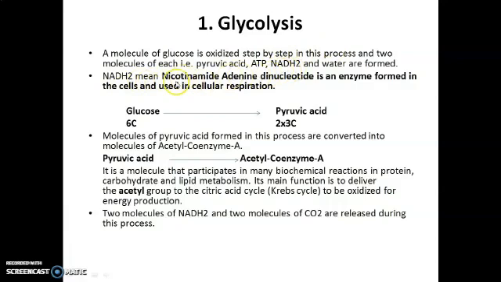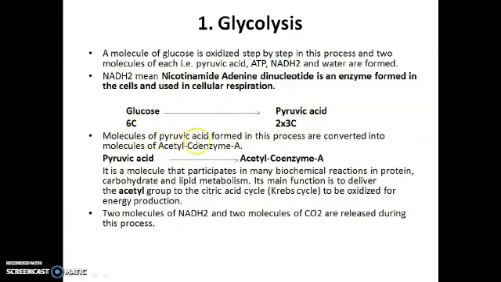NADH2 means nicotinamide adenine dinucleotide, which is a coenzyme formed in the cell and used in cellular respiration. As you know, glucose, which is a 6-carbon compound, is converted into pyruvic acid, which is a 3-carbon compound.